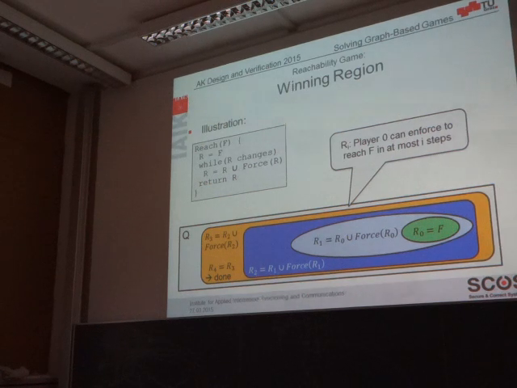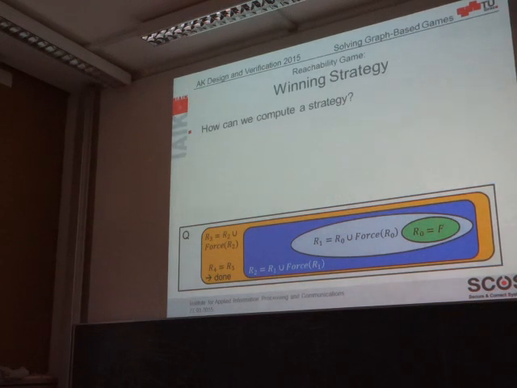Now the difficult question, how can we turn this insight into a strategy for reaching F? What shall we do in order to reach F if we are in a certain state somewhere here? We just have to pick all the edges from one region to the inner region, which we can. Yes.